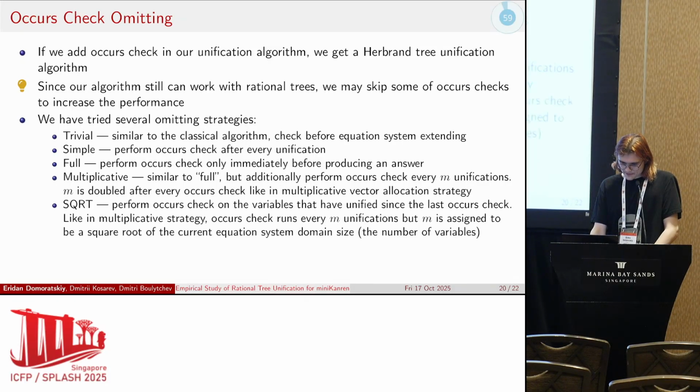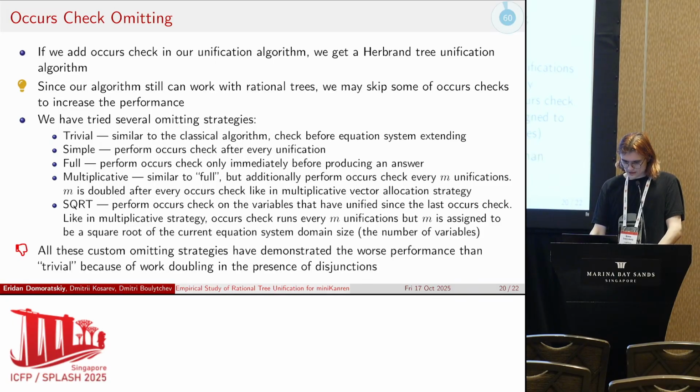And finally, square root is like multiplicative, but m is not doubled, but is assigned to be the square root of the size of the equation system, and we don't check all of the variables, but only those unified since the last check. And all of these ways demonstrated worse performance than the trivial one.